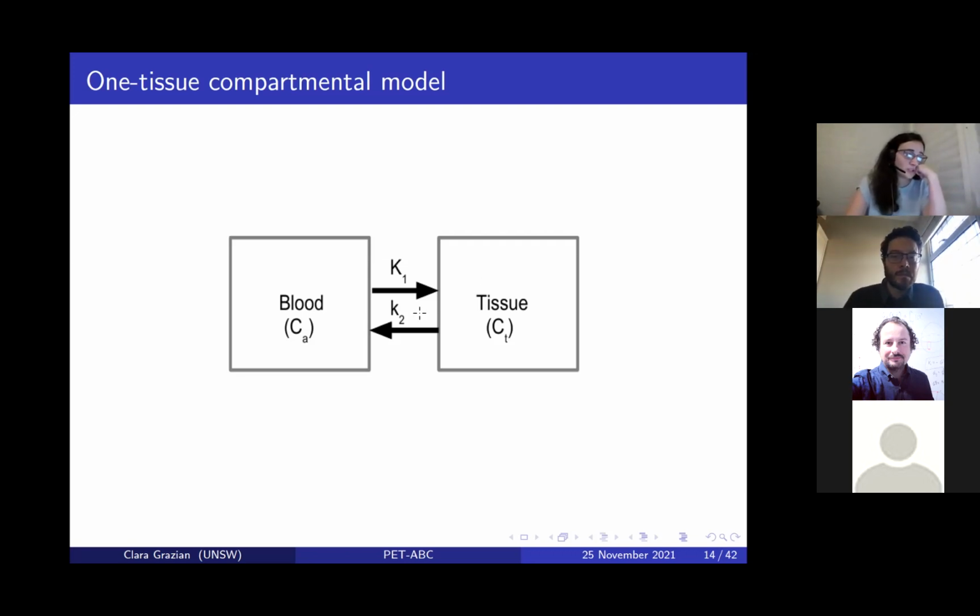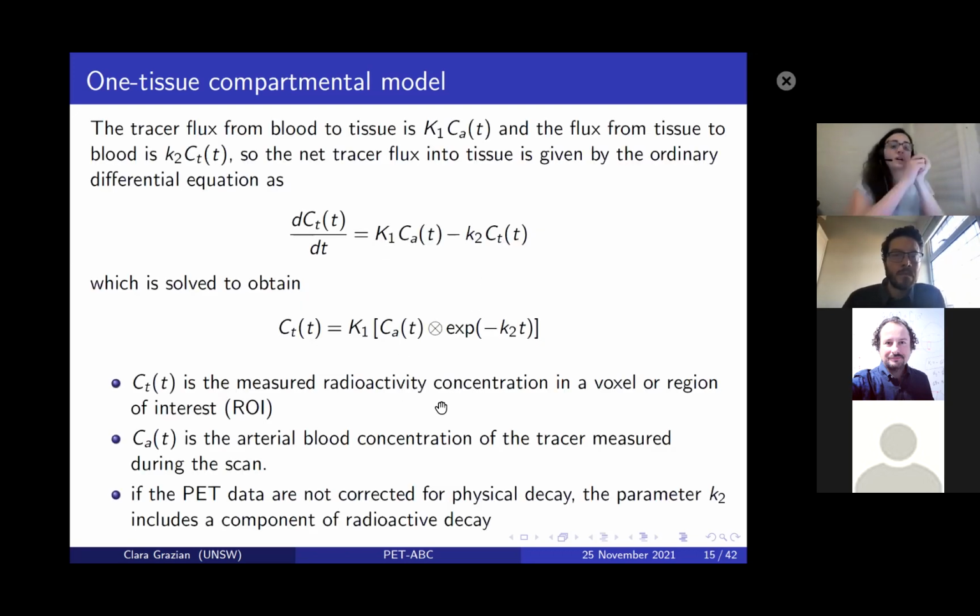So for the 1 tissue compartmental model, this is the ordinary differential equation. There is a flux from blood to tissue, and this is described by K1 times CA. And then there is a flux from the tissue to the blood, which is described by K2 times CT.